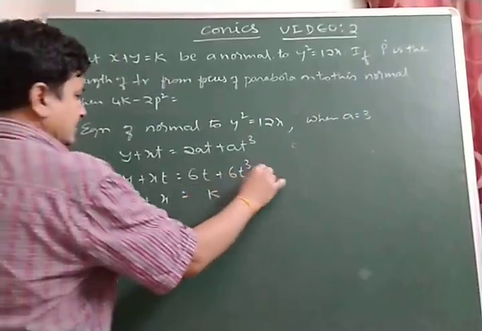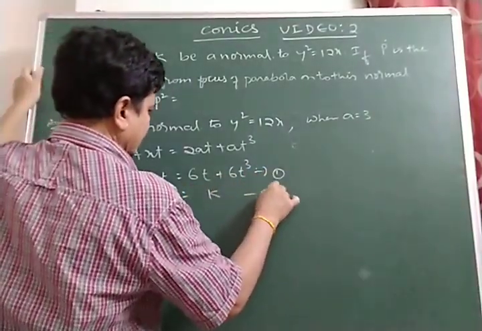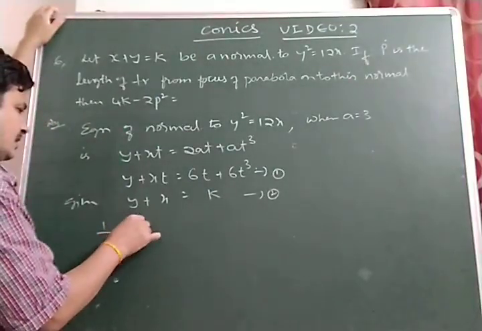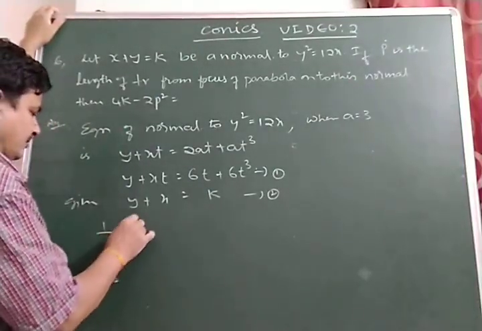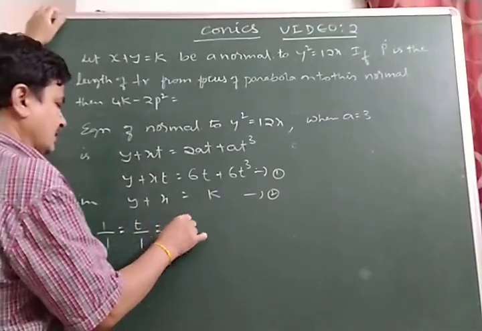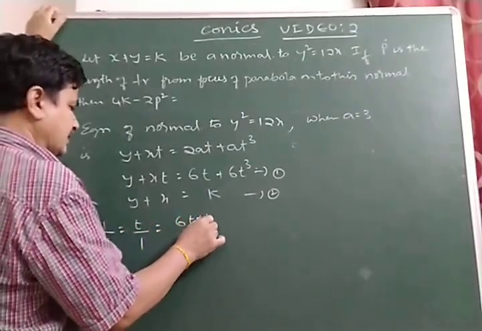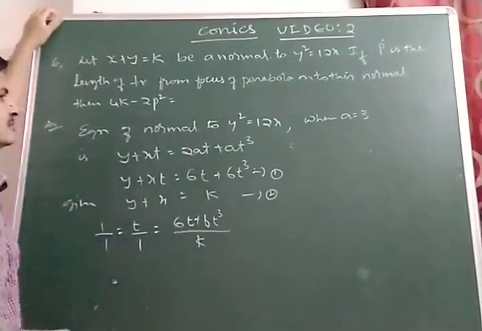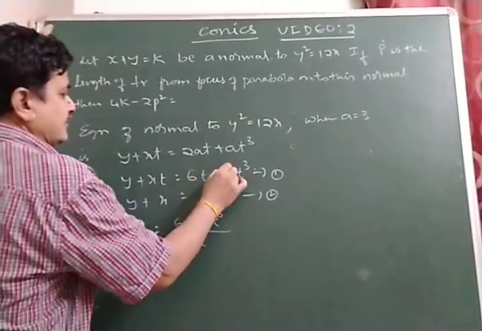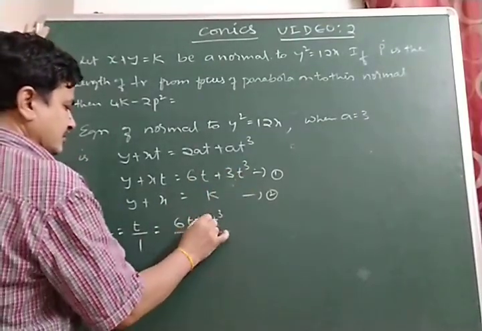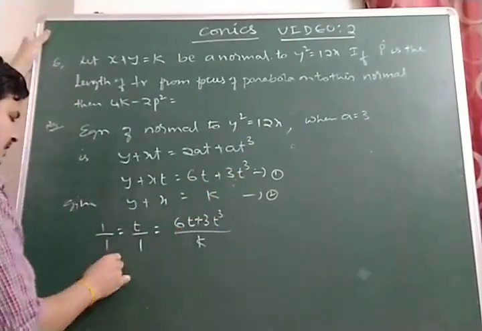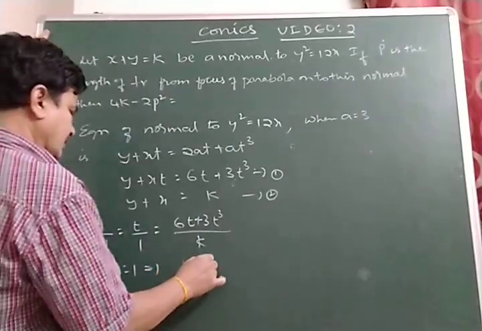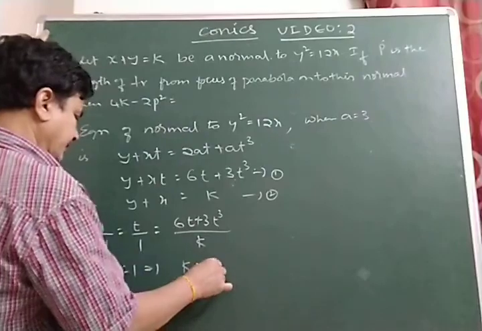Comparing these two, the ratios are equal: 1 by 1 is equal to t by 1 is equal to 6t plus 6t cube by k. Now t is equal to 1, so that implies k is equal to 6 plus 3, that is 9.